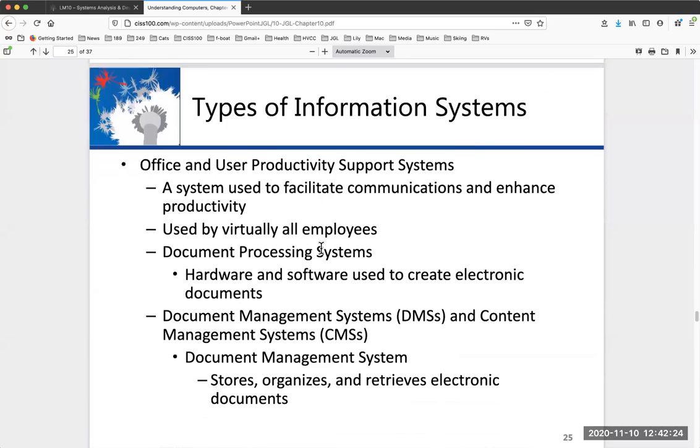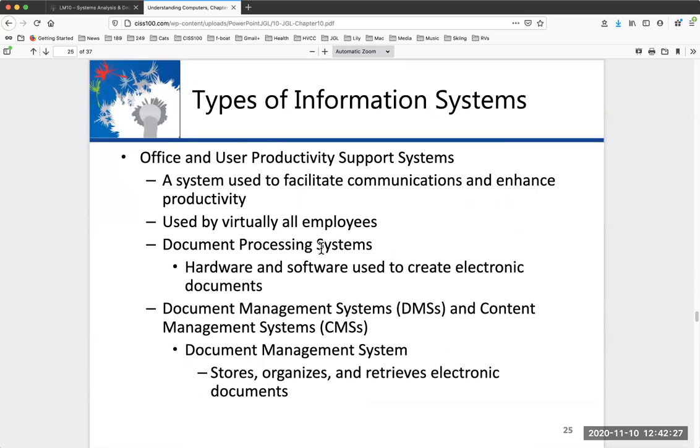The remainder of the chapter really is a survey of all the different types of information systems. I'm gonna largely leave it up to you to read. I'm not just gonna regurgitate what the chapter says here. Office user productivity support systems. Well, you can think about our academic computing environment on campus. What do we have?